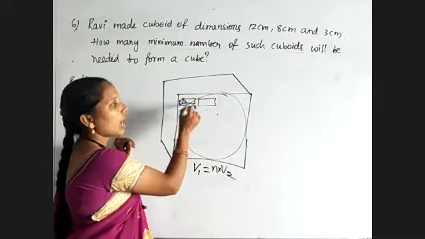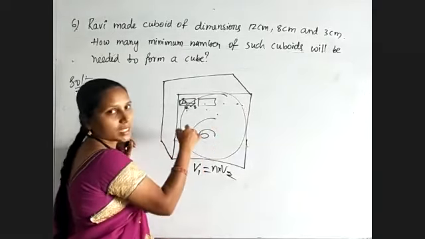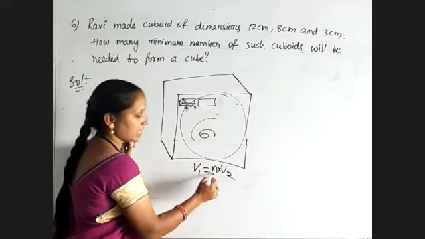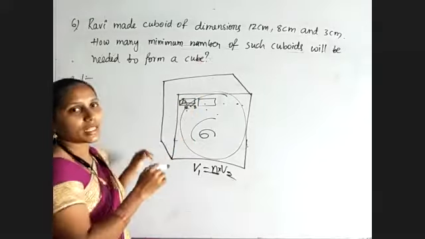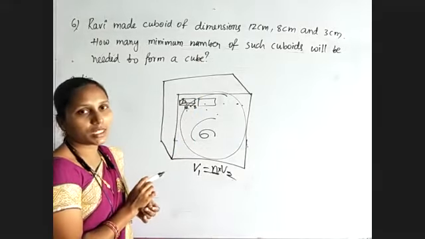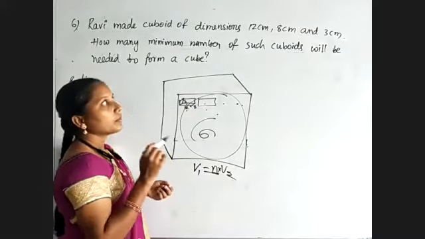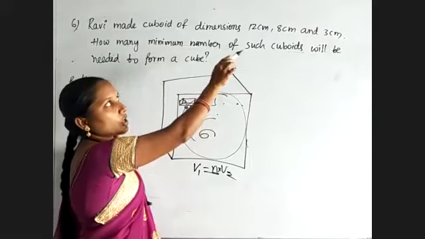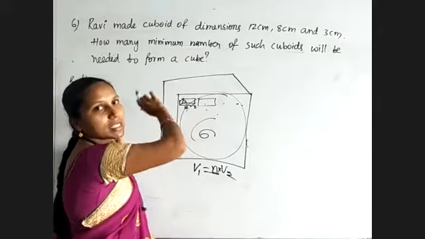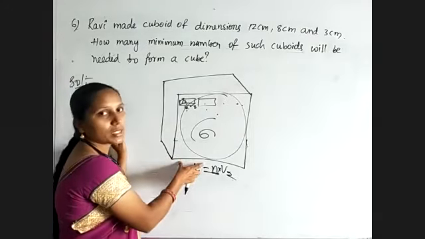How many cuboids are needed to fill up this place, that number we need to find. Here they have given the dimensions for only the cuboid. How can we find the volume of the cube then? They are asking for the minimum number of cuboids. What is the common multiple of those 3 numbers? That is the least length of the side of the cube.